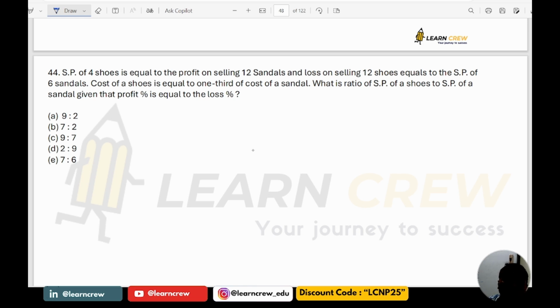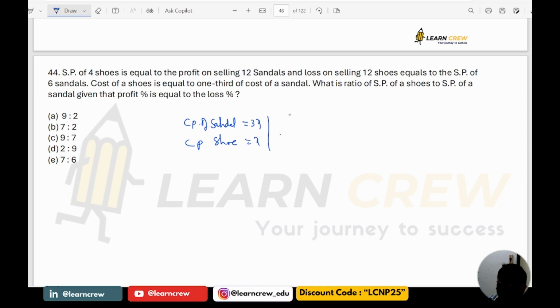So here what is given? The cost price of a shoe is 1/3 of the sandal. So if the cost price of the sandal is 3x, the cost price of the shoe would be x.